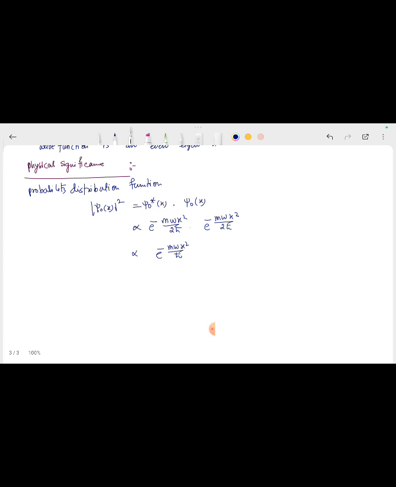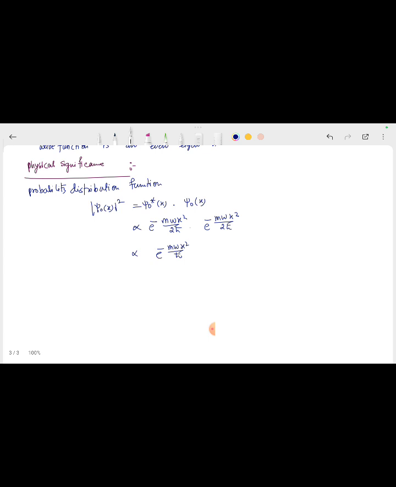You may ask how this is possible, because these two look the same, right? They have a Gaussian shape, but no, they are not the same.